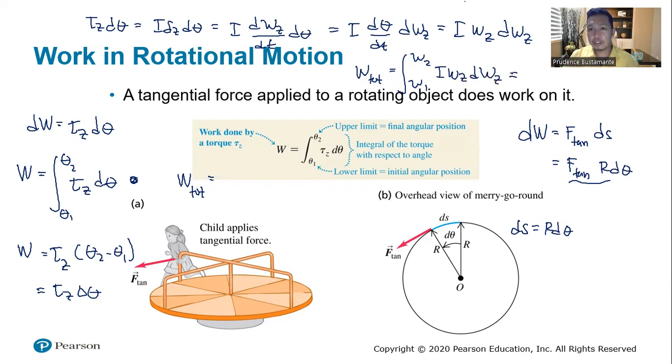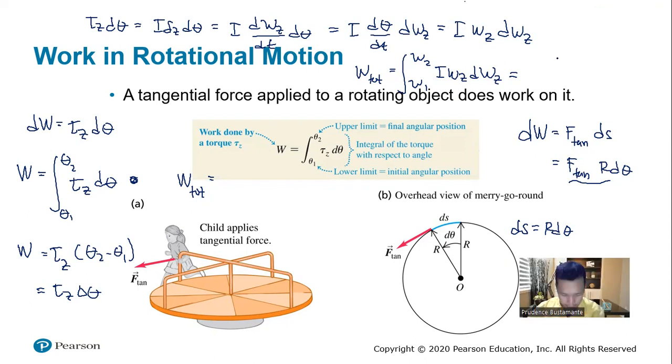This is equal to the total work, and it is analogous to the work-energy theorem, which is 1/2 I omega 2 squared minus 1/2 I omega 1 squared. So that is the total work for the force you applied in this kind of situation.